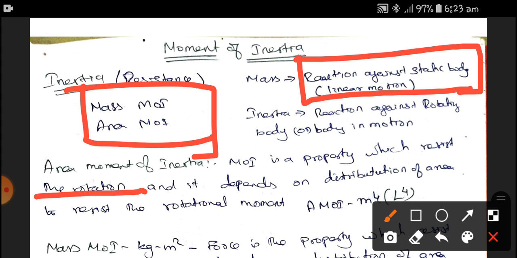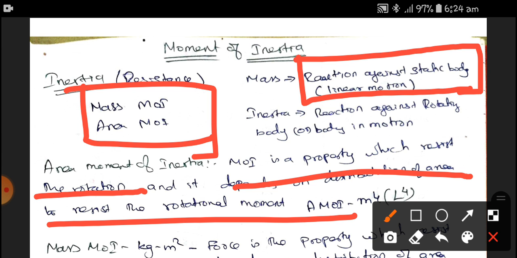If there is resistance against the rotation, it is called area moment of inertia, and it depends on the distribution of area to resist rotation motion.